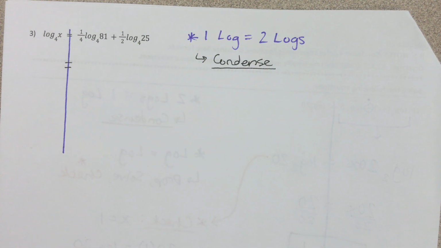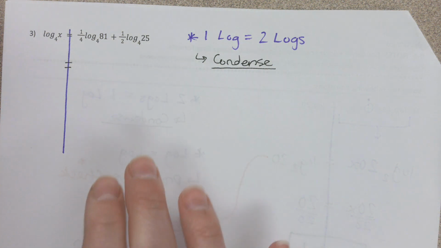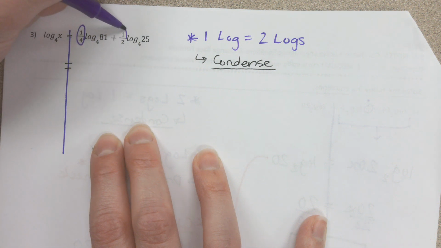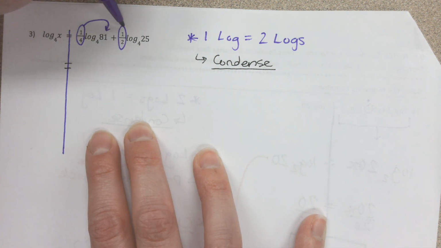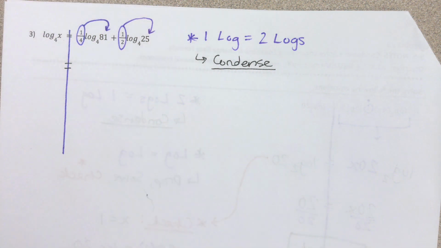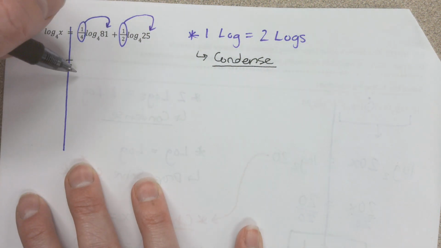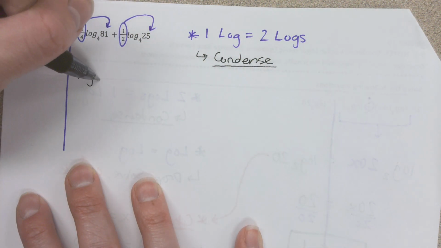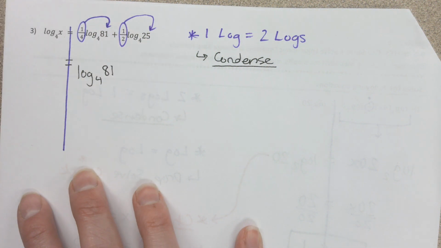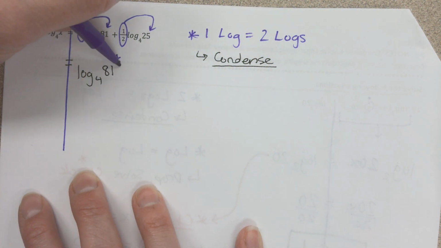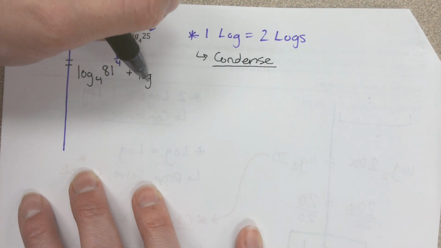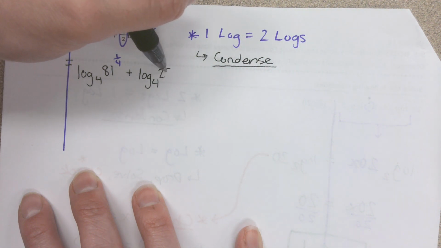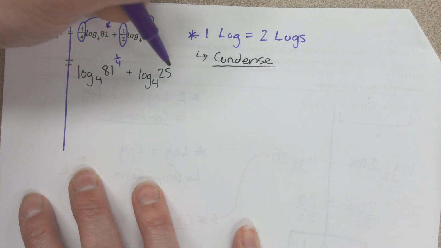First off, we look for exponents, and we do have exponents this time. We've got 2 of them. The 1/4 and the 1/2 are both exponents. Move them to the end of their own logs. And I'll rewrite. We have log base 4 of 81 to the 1/4 plus log base 4 of 25 to the 1/2.